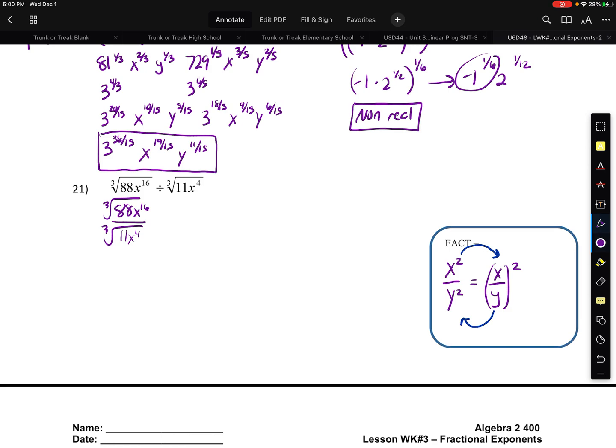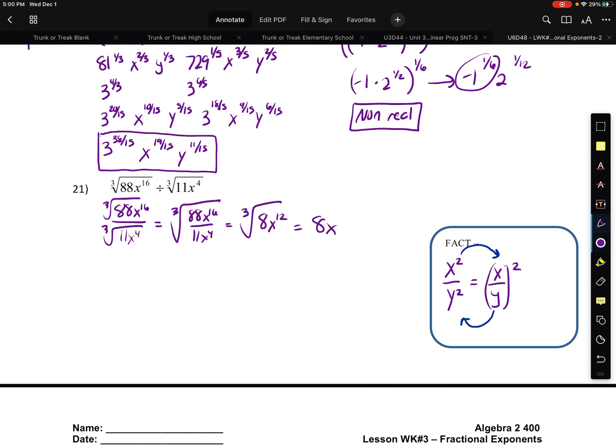Now what I realize here is they both have that same radical, the third root, which is the same thing as a 1/3 power. So that means I could really put all of this in the exact same radical, which if I simplify the inside would give me 8x to the 12th.